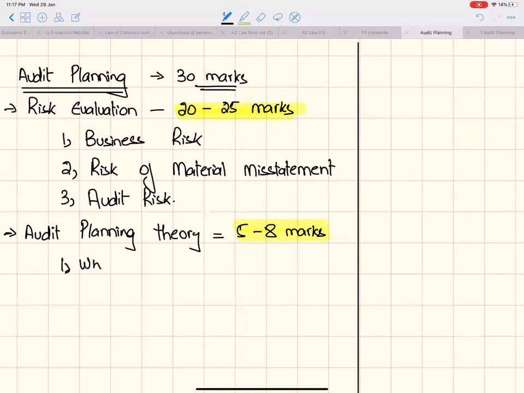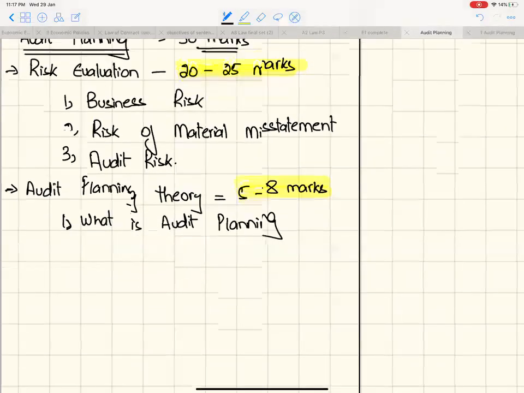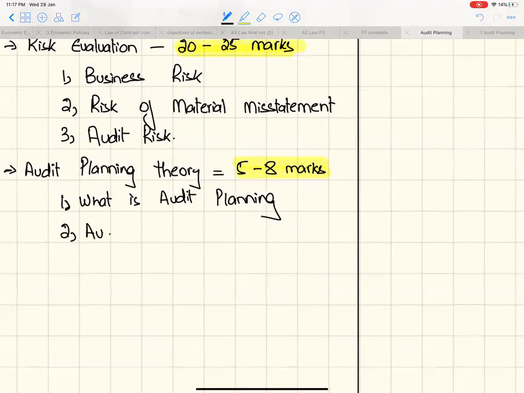We will discuss what is audit strategy and what is audit program. Now, these are the two phases of audit planning activity. We will discuss the knowledge relating to these areas, audit strategy and audit program. We will discuss rules relating to materiality.